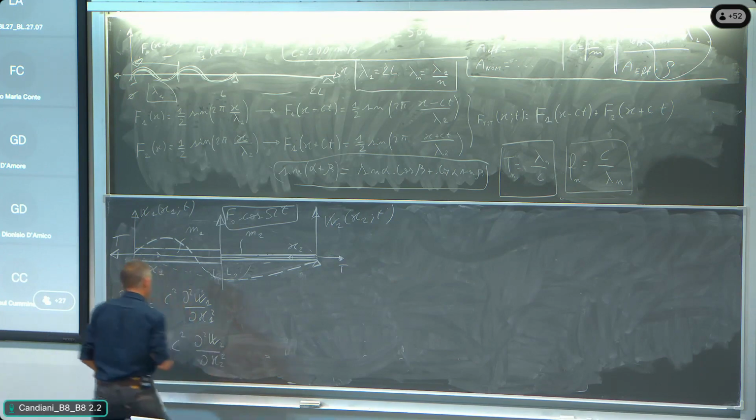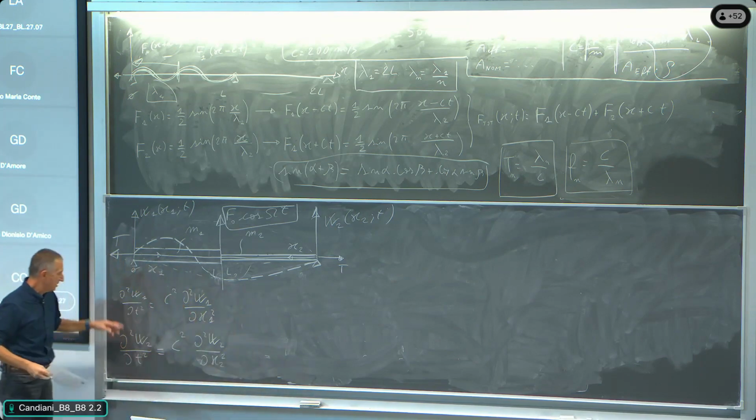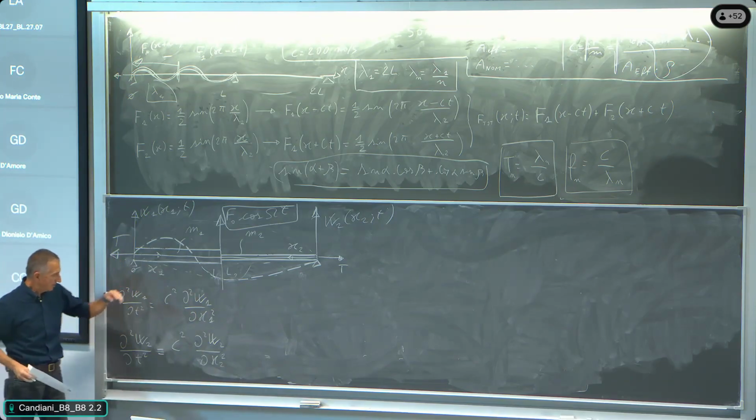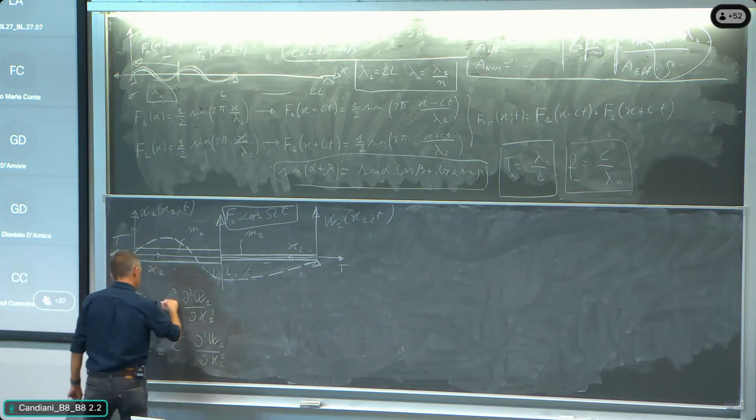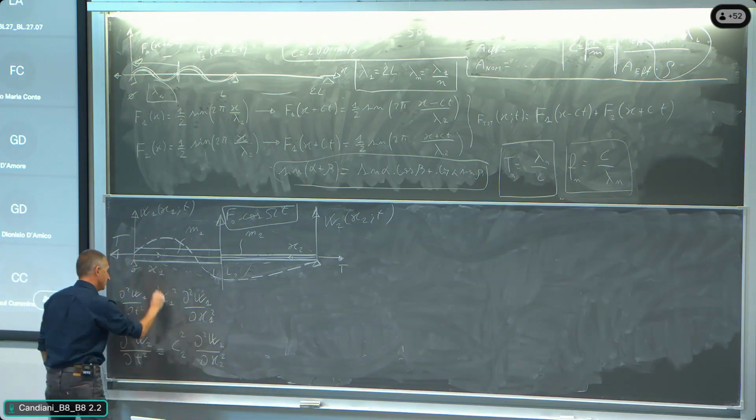All right, so we have two functions, W1, W2. They are satisfying the PDE of the cable in this way. What is wrong in what is written here? What did I forget to say? I forgot to say that this is C1 and this is C2. So those two are different.